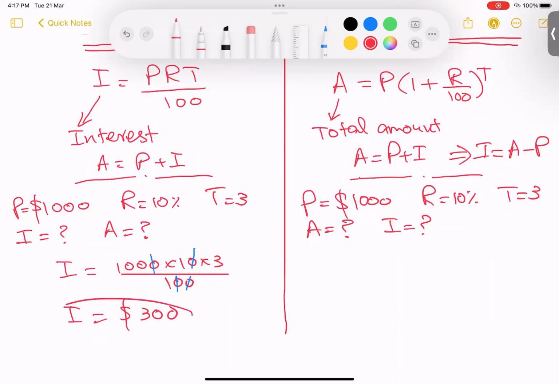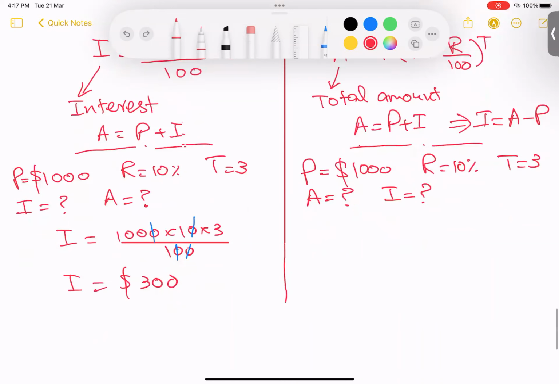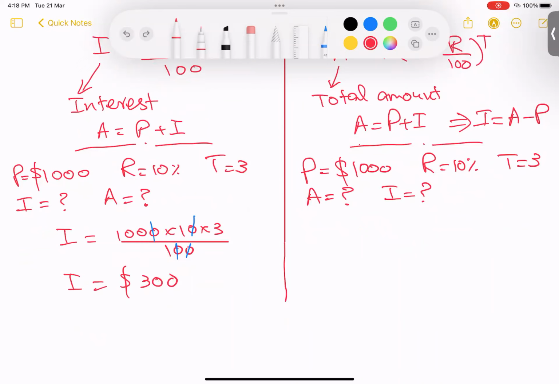The profit I got, but I need A. A stands for net amount. Let me give you a basic idea. For example, you put the money in the bank, and after 3 years you go and say, sir, give me my money. If they give you only 300, you will not agree with them.